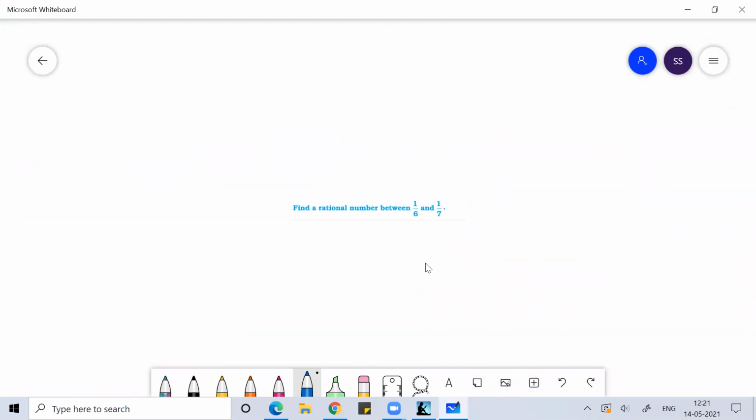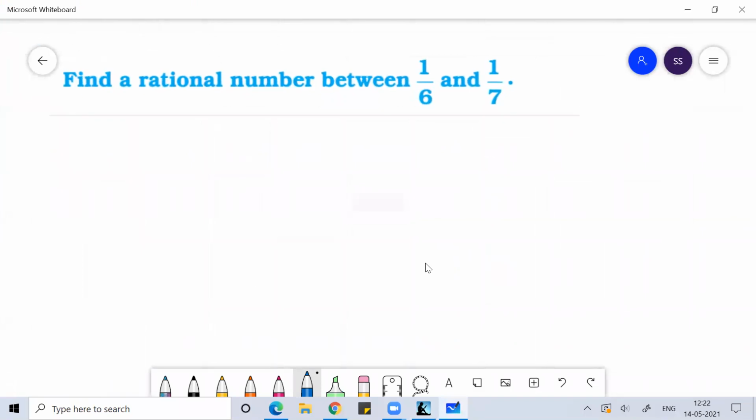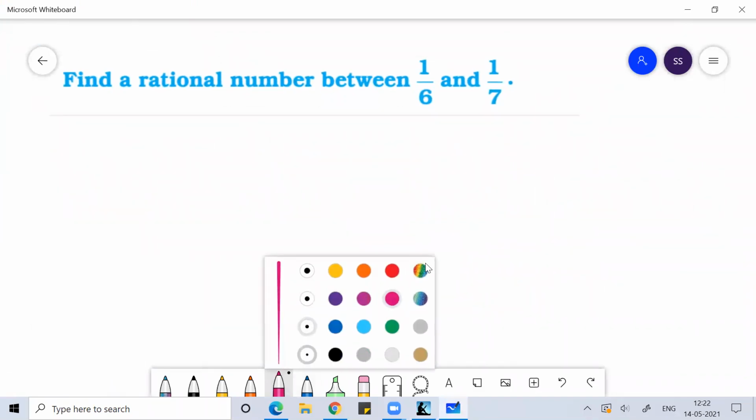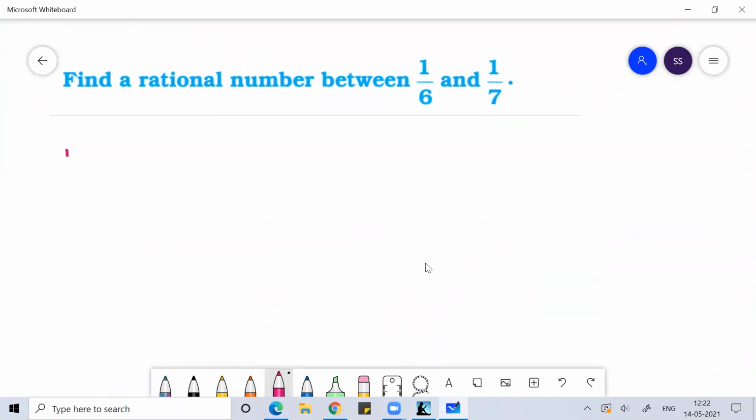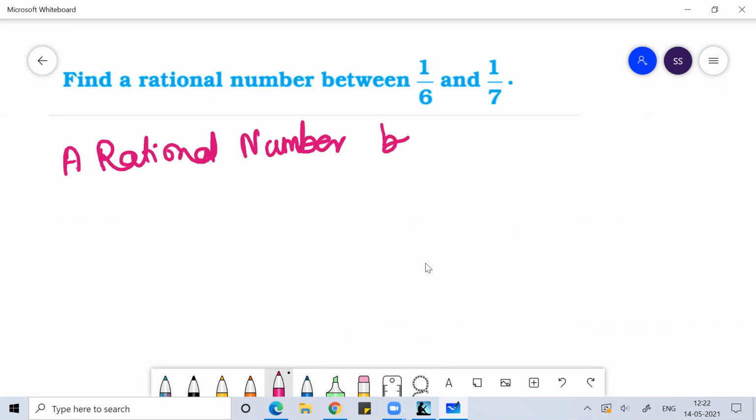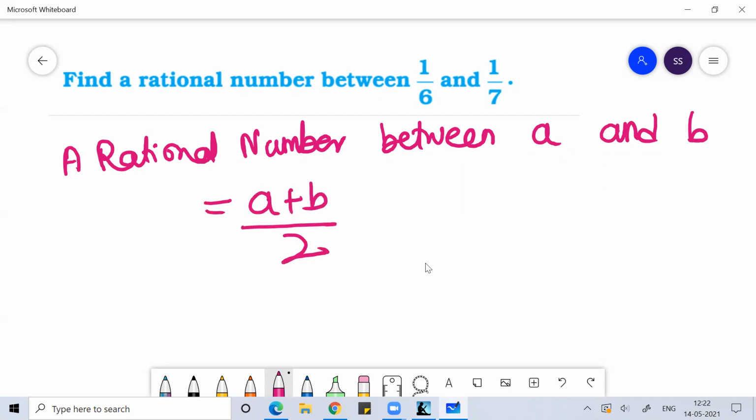Suppose two rational numbers are A and B, and you want a rational number between A and B. The answer would be A plus B by 2.